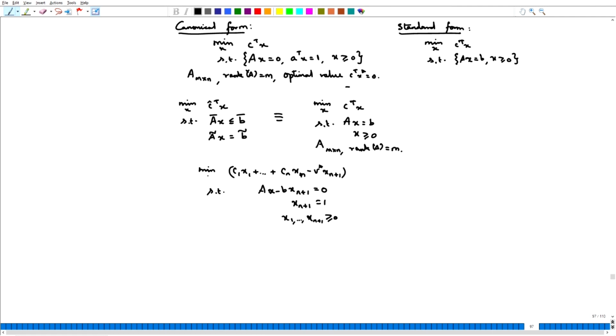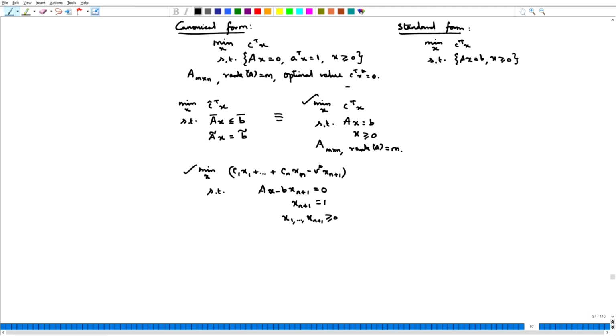I am claiming that the standard form that I have written here and the canonical form that I have written here are both equivalent. Why is that the case? Note that I have introduced a constraint xn plus 1 equal to 1.